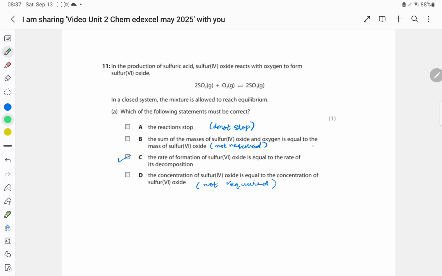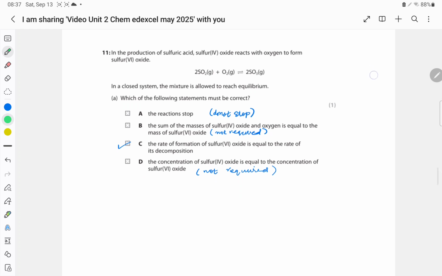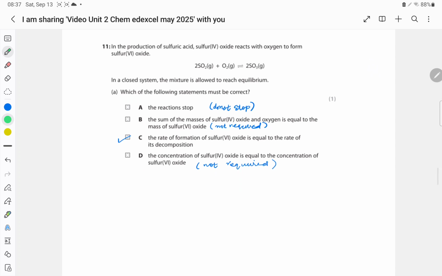Actually we are looking for which statement is correct. Okay, so the rate of formation of sulfur trioxide is equal to the rate of its decomposition, right?